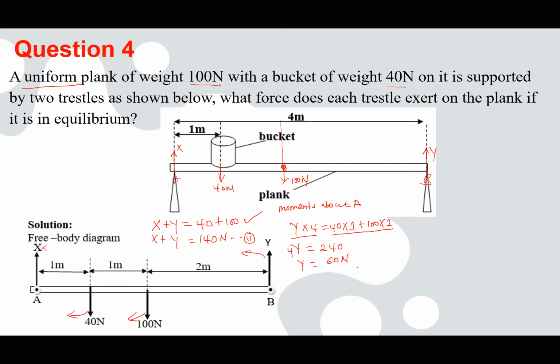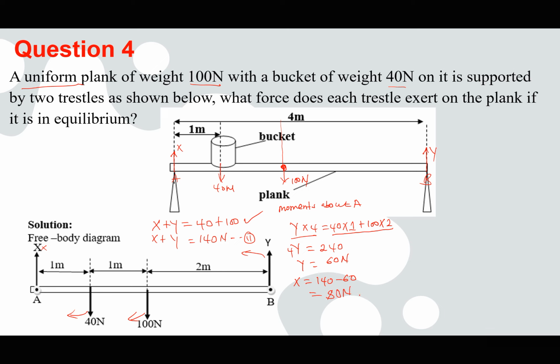So that is Y. And then if Y is 60 newtons, remember X plus Y should be equal to 140. So X is going to be 140 minus 60, which gives you 80 newtons.